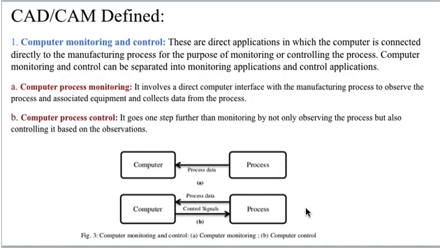Computer process control goes one step further than monitoring by not only observing the process but also controlling it based on the observation. The distinction between monitoring and control is displayed here in the figure.